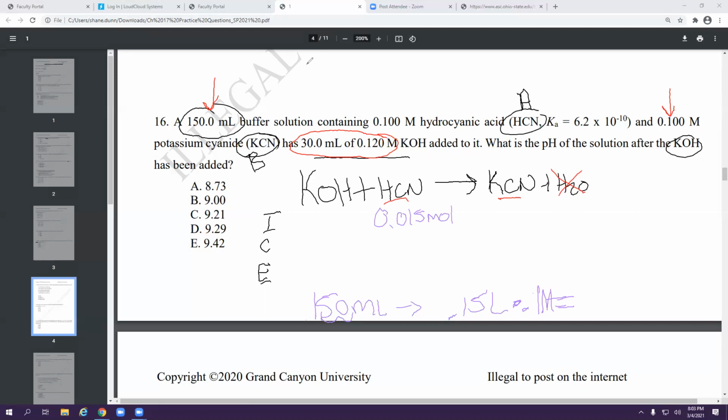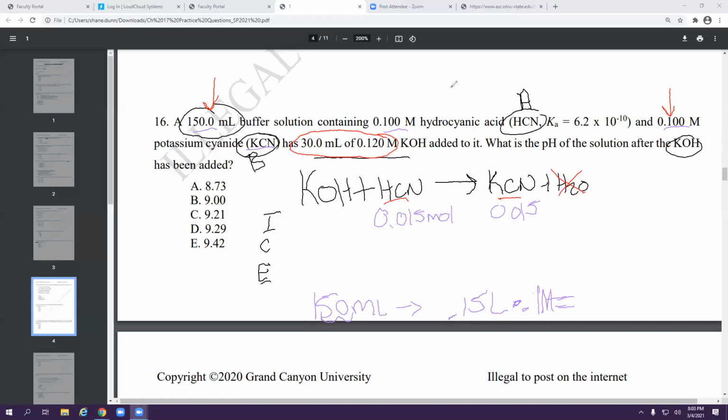Correct? 0.015 moles on that side too, because they're at the same volume with the same concentration. Does that make sense? Why they would be the same? Okay.